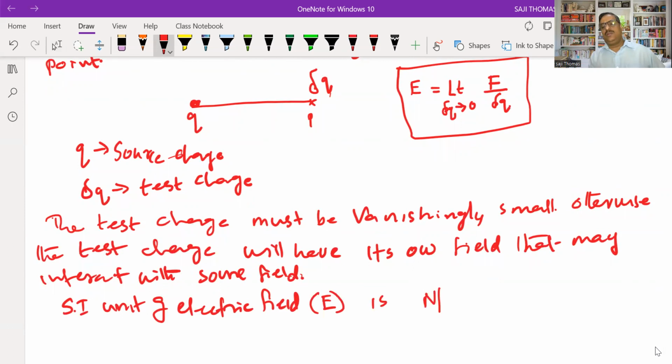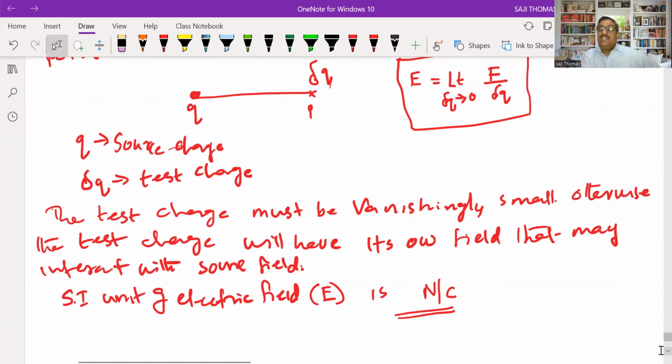Force is Newton, charge is Coulomb. So the SI unit of electric field is Newton per Coulomb. One more thing you have to remember, this electric field is a vector quantity. It is force by charge. Force is a vector. Charge is a scalar. So electric field is a vector only.